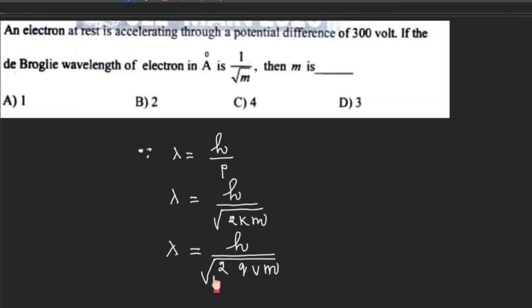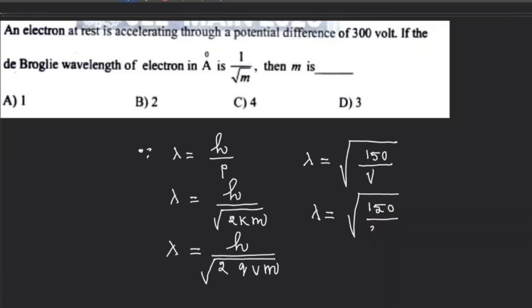By using this one, if I substitute all the values of mass of electron, charge of electron, and the Planck constant value, then you get lambda is equal to under root of 150 by V, where V is the potential. Therefore, I can write under root of 150 by 300, right? So this gets cancelled.